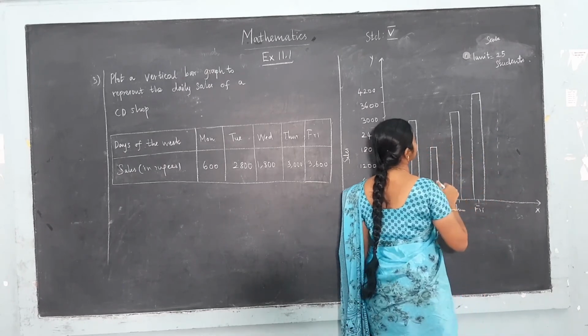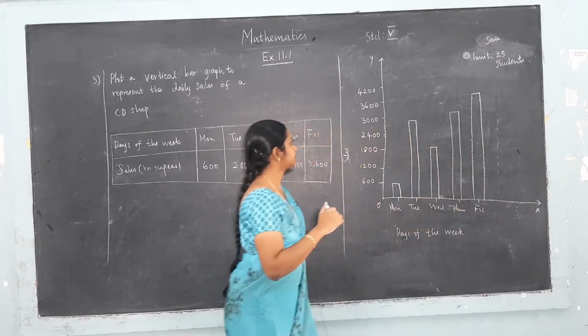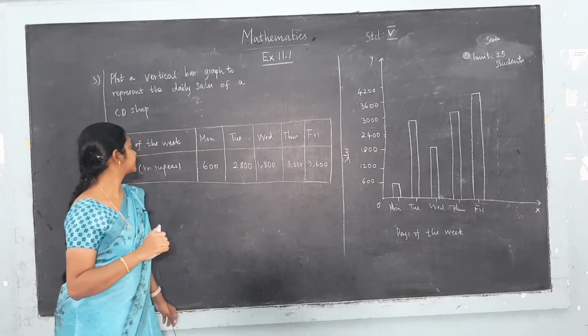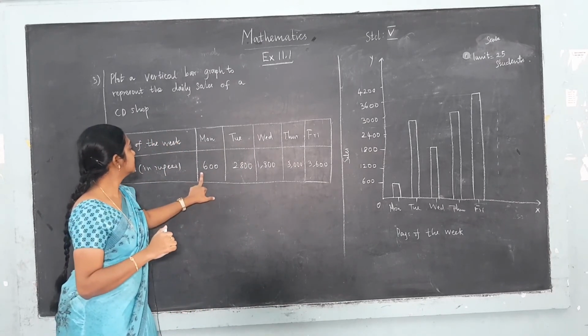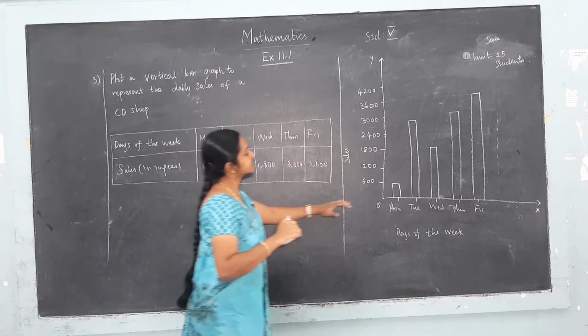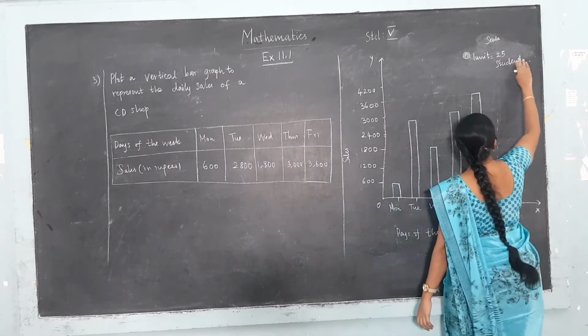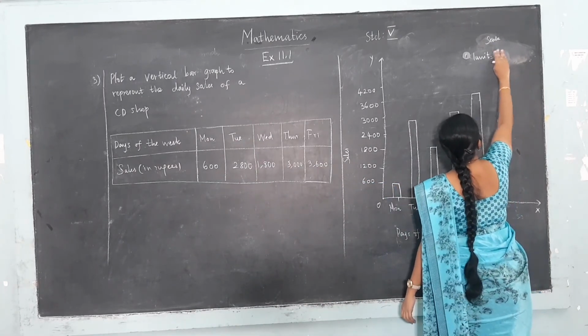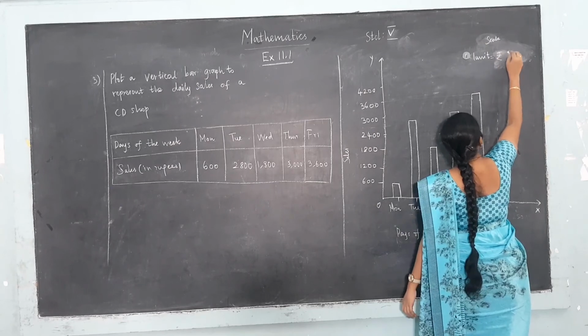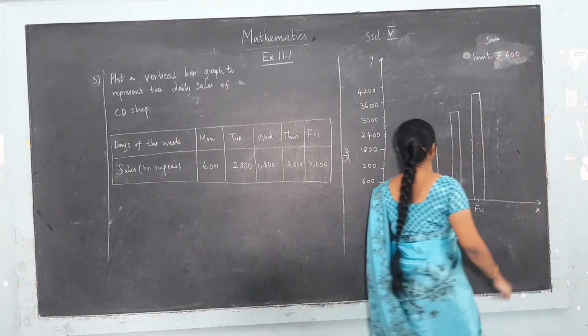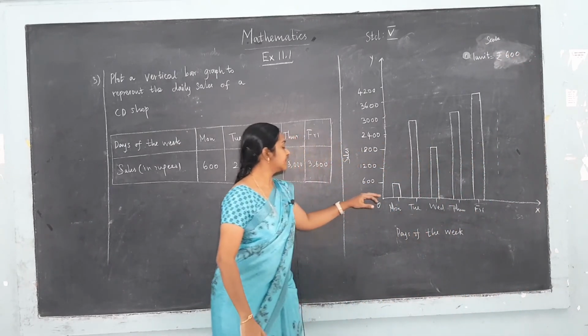Next we have to write the scale. Here the scale is in 600. So the scale is rupees 600.